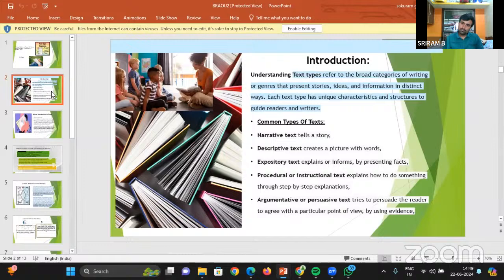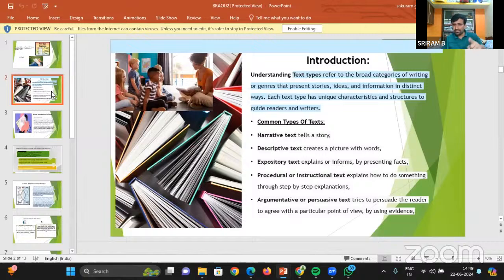Expository text explains or informs by presenting facts. Procedural or instructional text explains how to do something through step-by-step explanations. Argumentative or persuasive text tries to persuade the reader to agree with a particular point of view by using evidence.